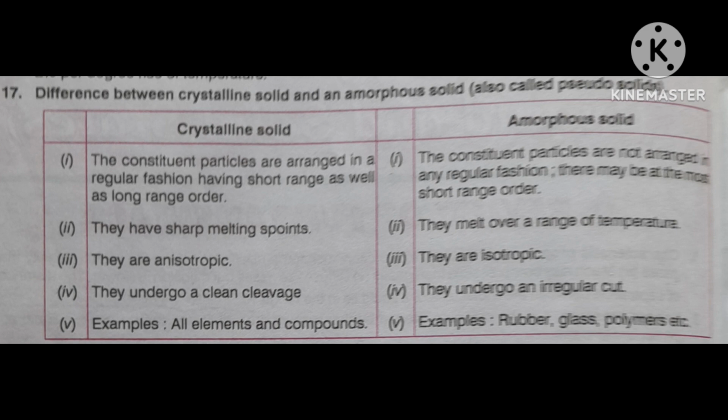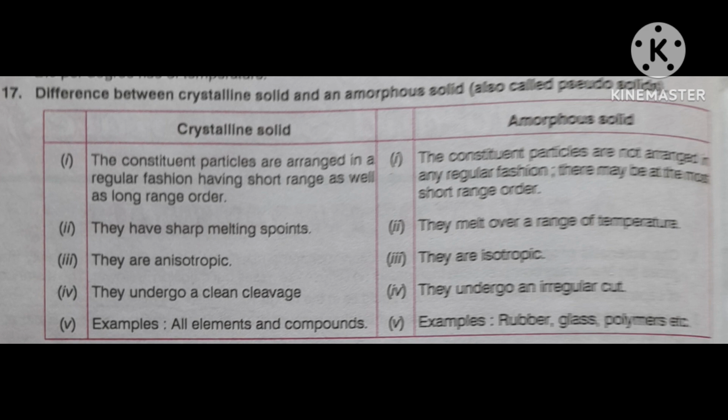One more point of difference is the examples. All elements and compounds, like NaCl, KCl, calcium chloride, magnesium chloride, are examples of crystalline solid.